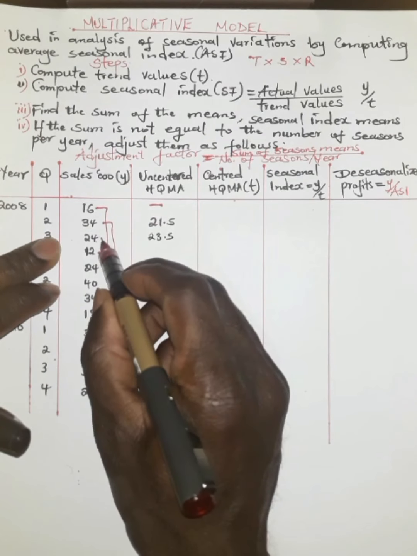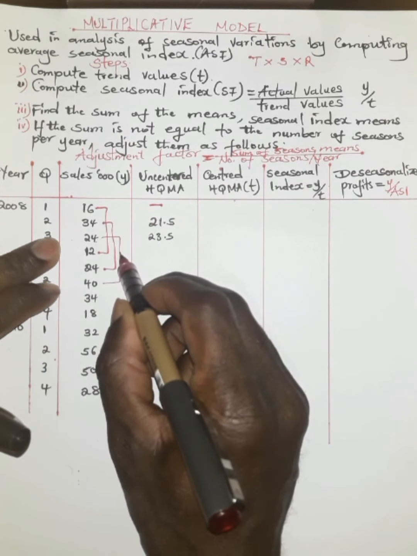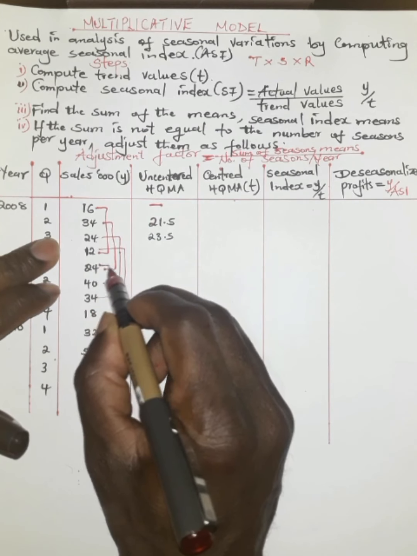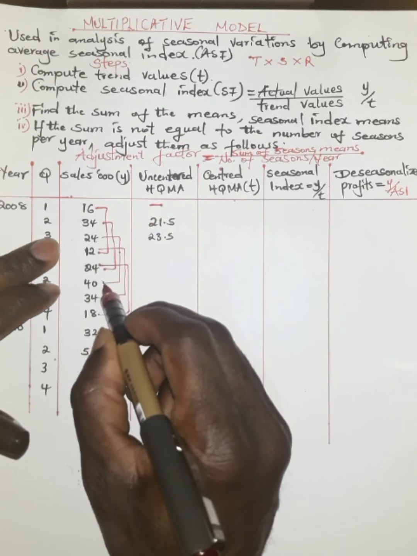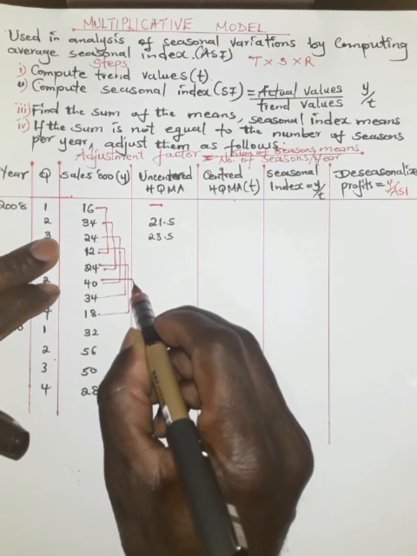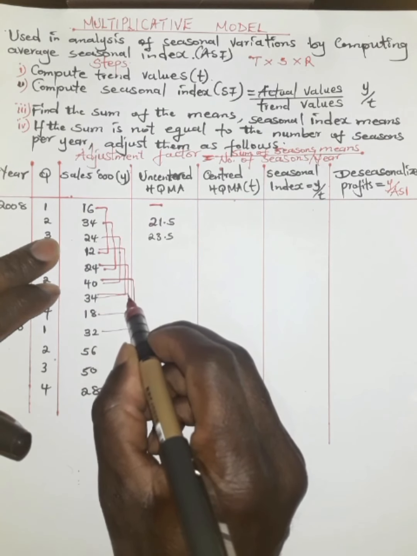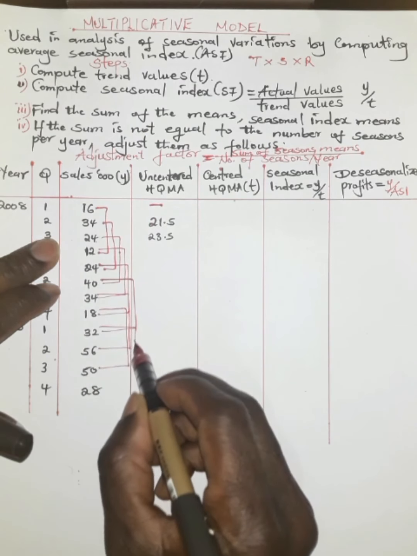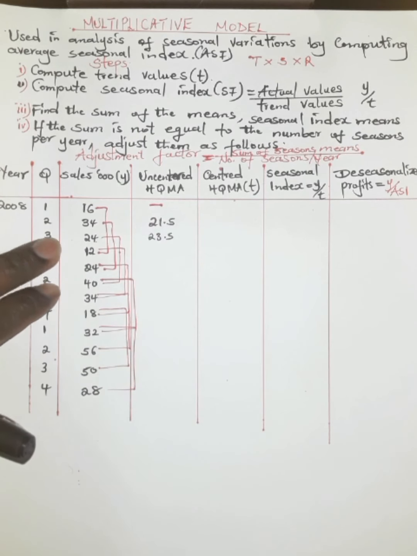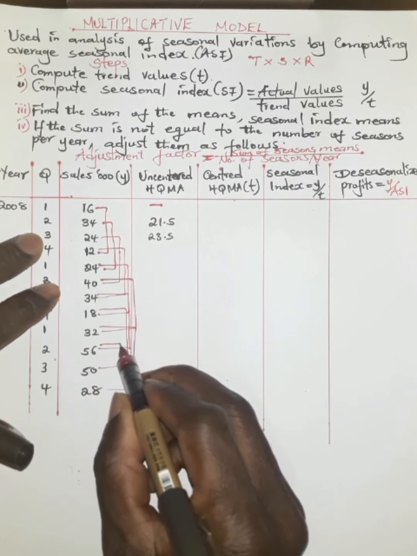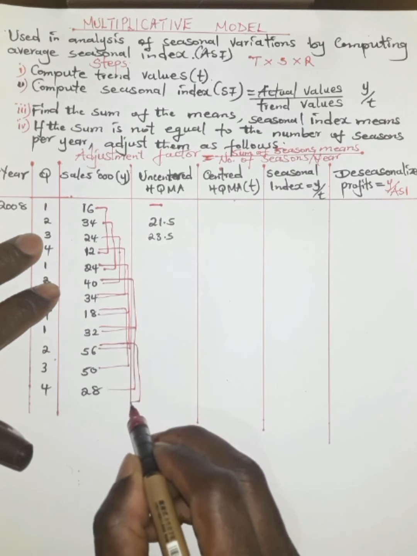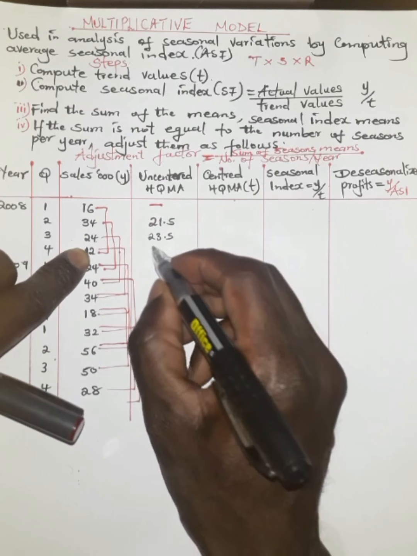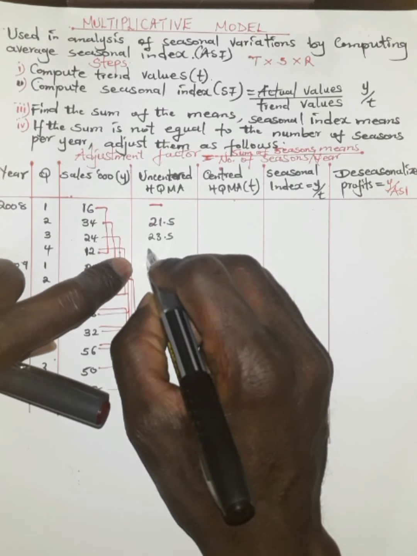You do the same for the next ones, covering each following set of 4. Then when you compute the next 4, we shall have an average of 25.0.